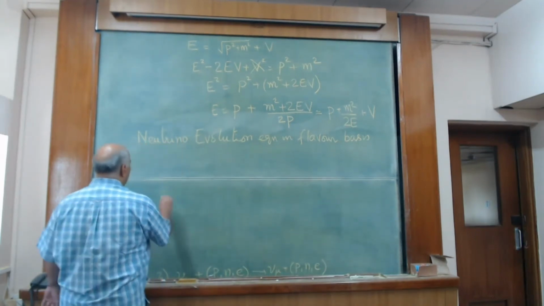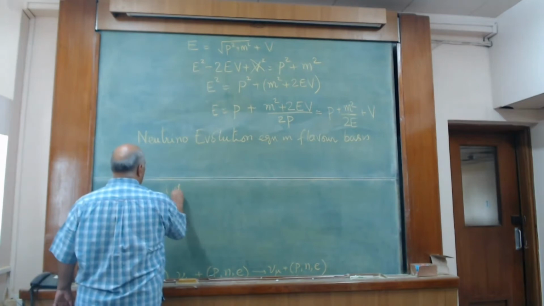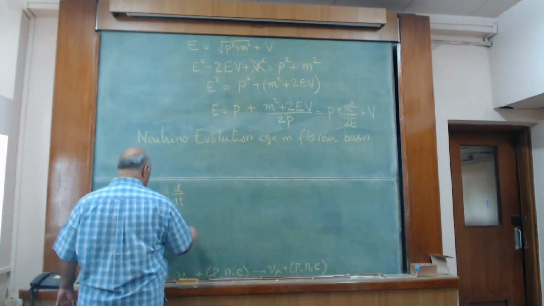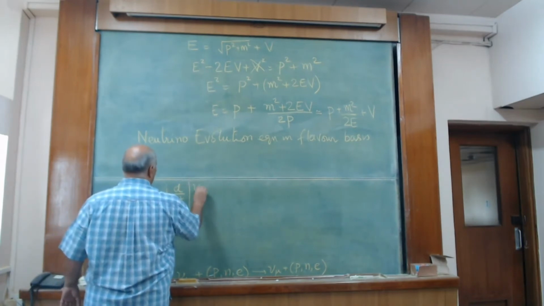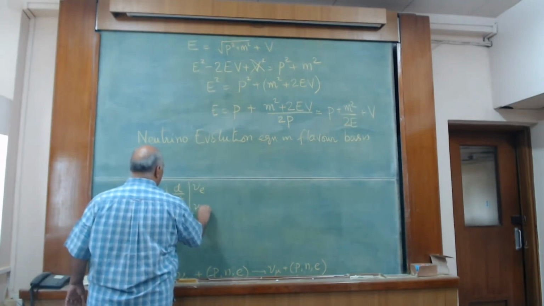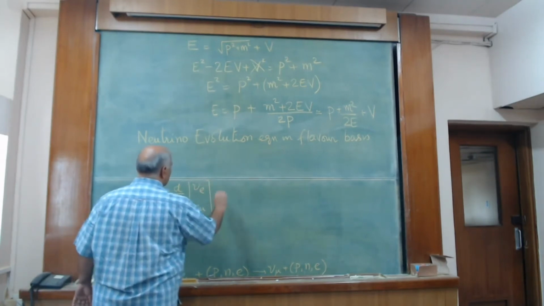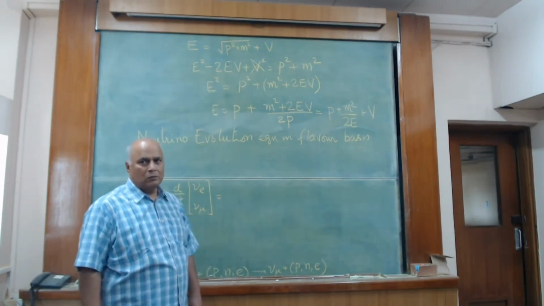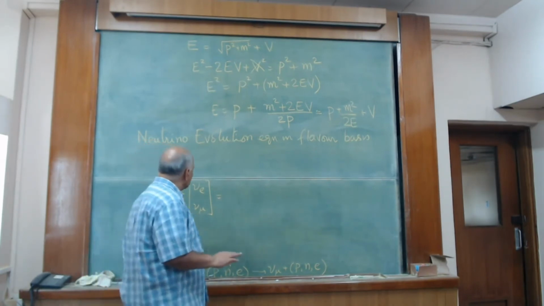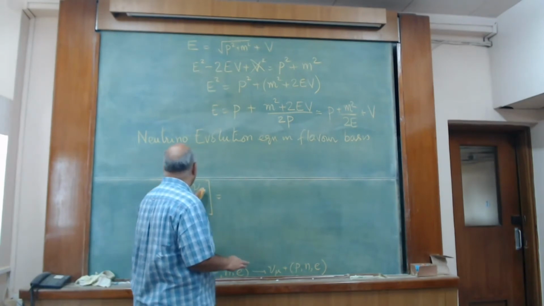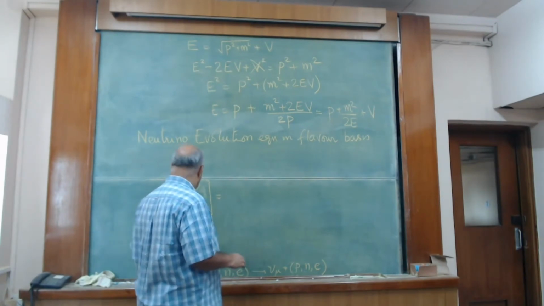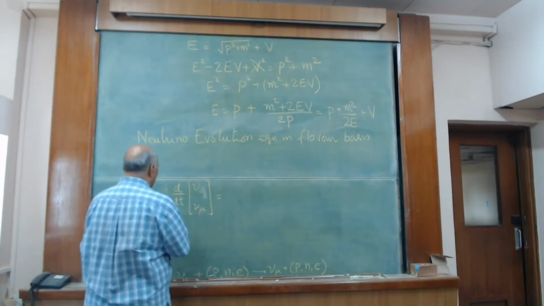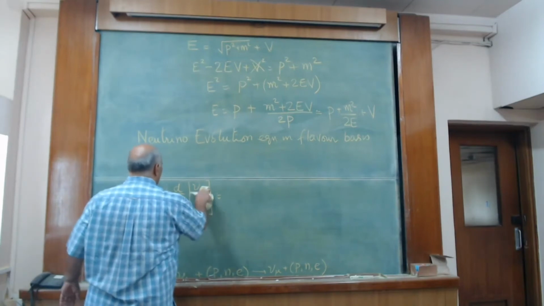So I write i d/dt of nu e and nu mu is equal to, or let me actually write it in a different way. That is actually more illustrative, more illuminating.